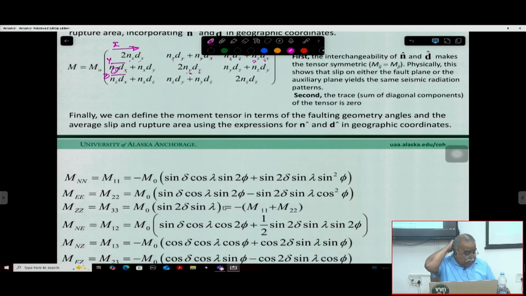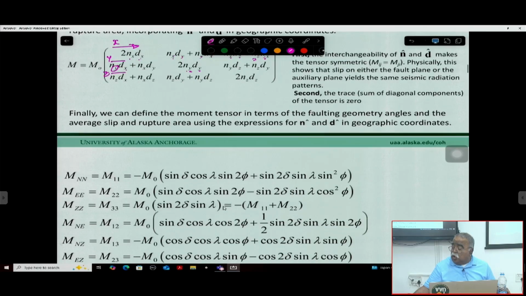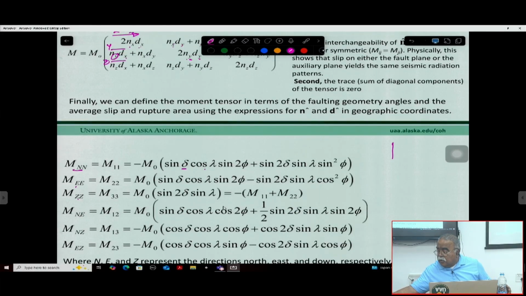So if we can express these things in terms of your northeast particle and all this component, and by taking the delta angles, this is your MNN, MEE, MZZ, MNE, north and E. Let me tell you, if it is vertical, and then let's see, this is your east and this is your north.